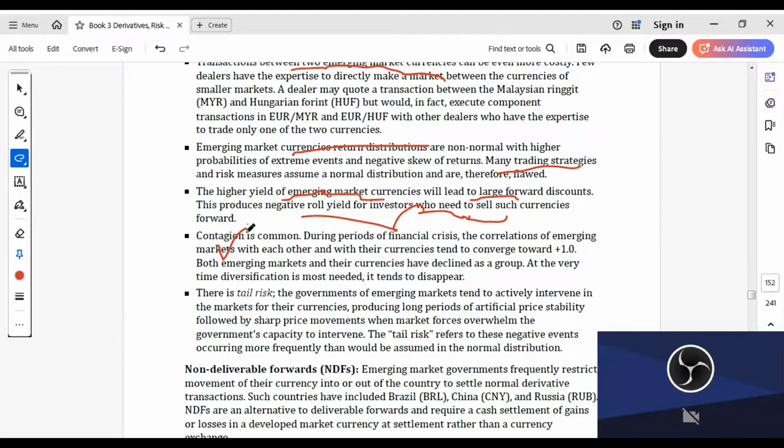Contagion is common. They will tend to fall together. And obviously there is tail risk. For a very extended period of time, currency values will be very stable. But all of a sudden there will be a big move.